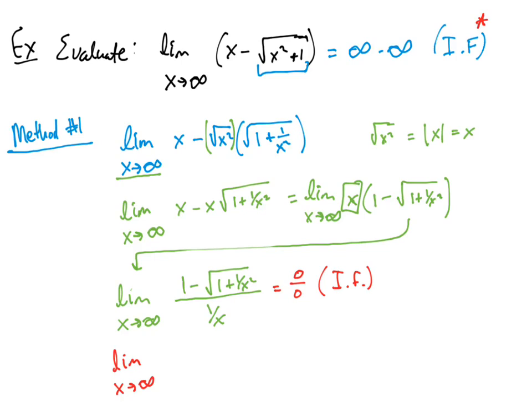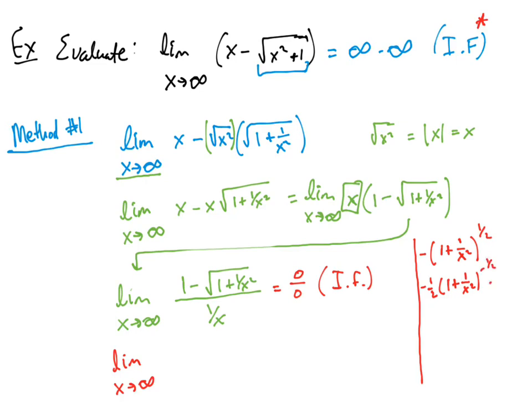Taking the derivative of the numerator is a little bit tedious. The derivative of 1 is just 0, so I have negative, and then I'm going to rewrite this in parentheses. Using the power rule, I'm going to have negative 1/2, 1 plus 1 over x squared raised to the negative 1/2.